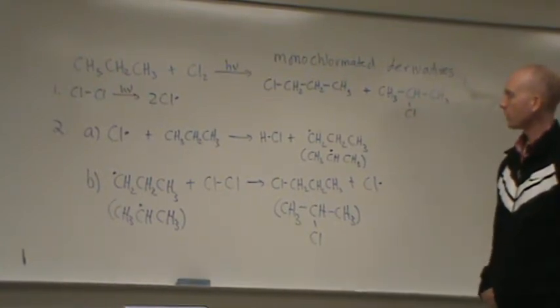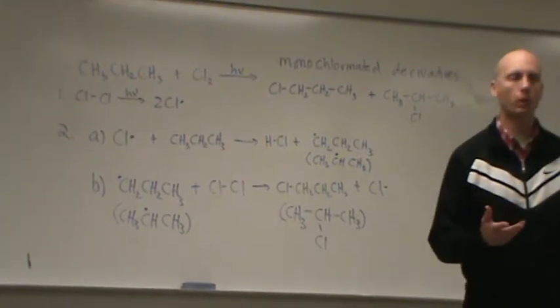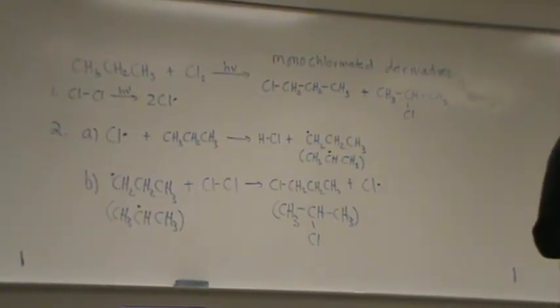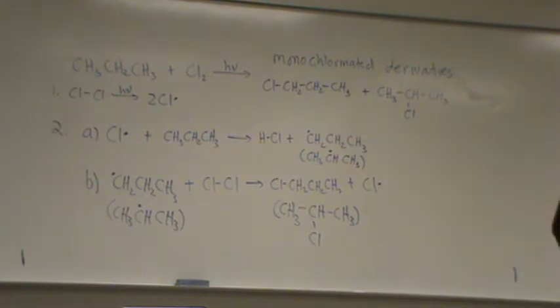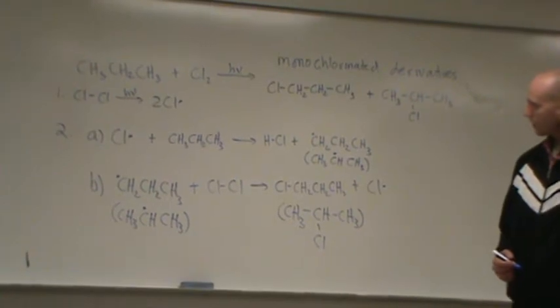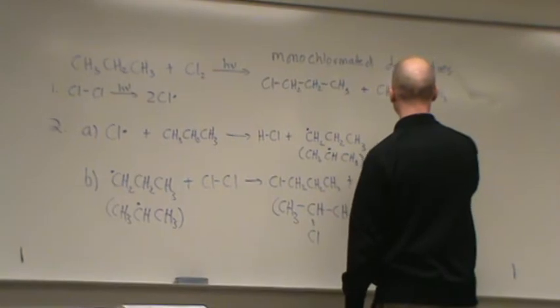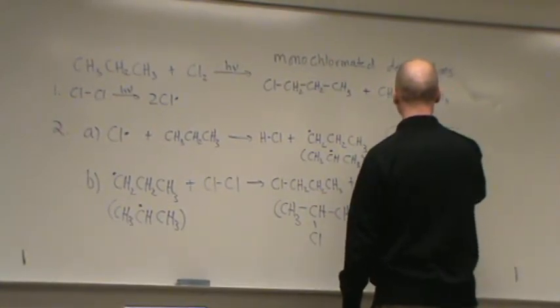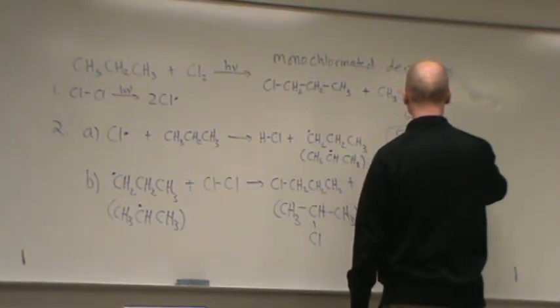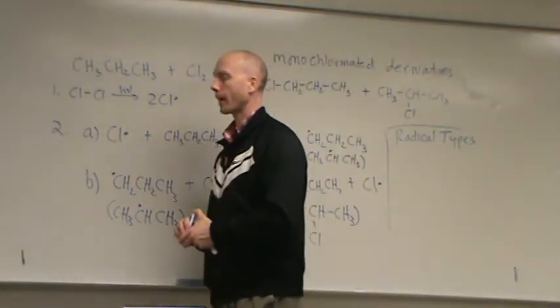Okay. Well, when we can have more than one product forming, one of the questions we always want to ask ourselves is which one forms more, or which one is what we call the major product. Okay? In order to do that, I want to look at something over here that we will call radical types.